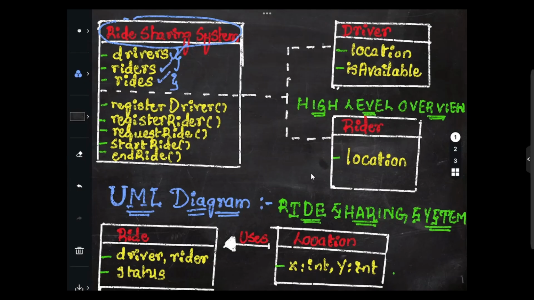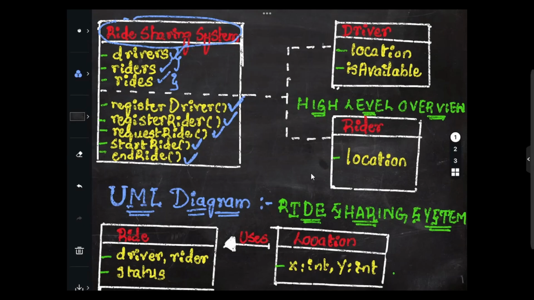Here we will be going with the methods. We have to register the driver and register the rider as well, and we should be able to request the ride, start the ride, and end the ride. So first we have the register driver method, register rider method, request ride method, start ride, and end ride.